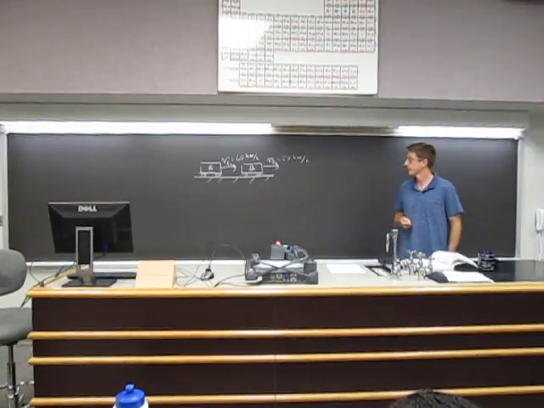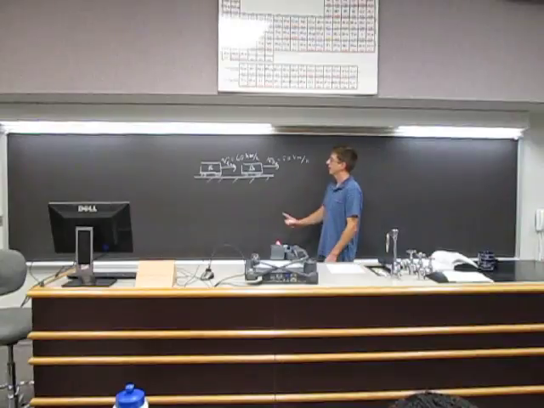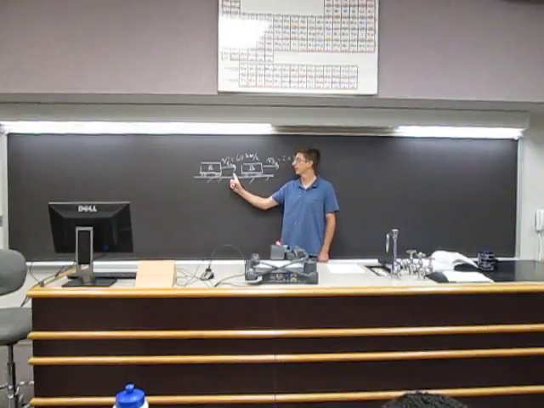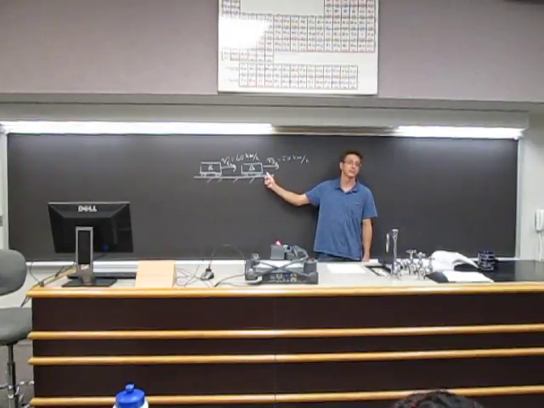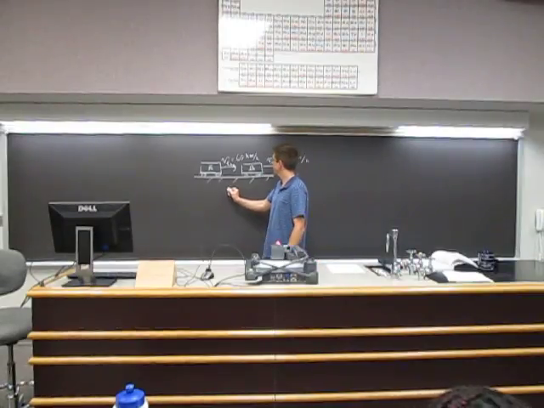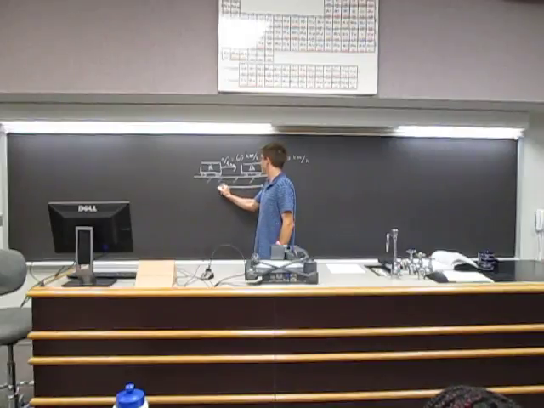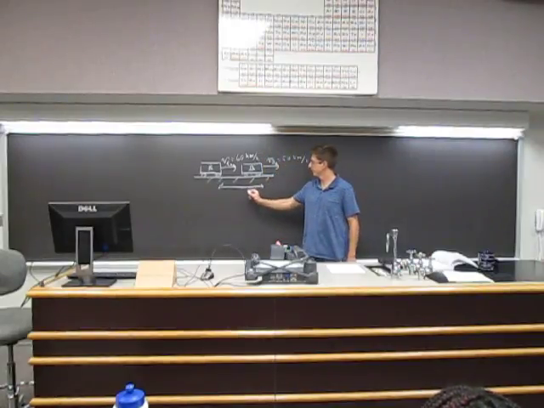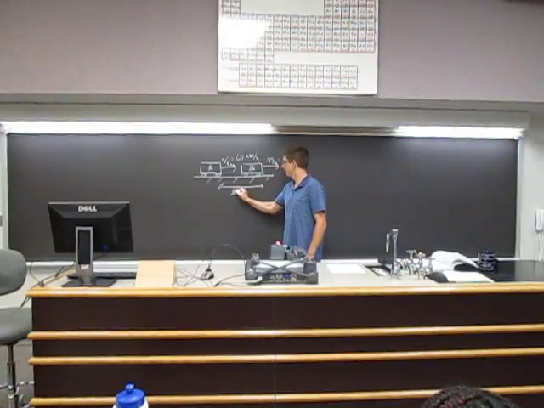And the question is, how long does it take for the red car to pass the blue car? And in that time, how far did they travel? The distance between these two, the front of the red car and the front of the blue car, I assume, was 30 meters.